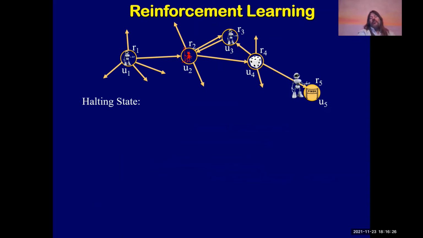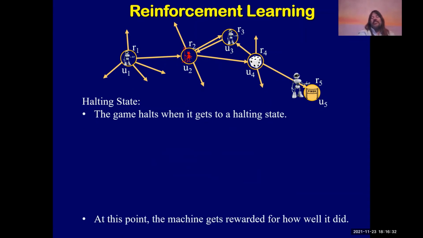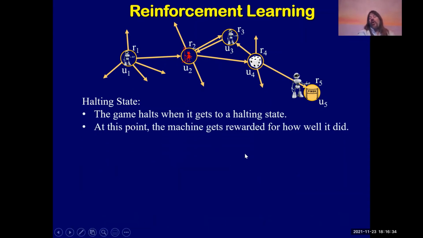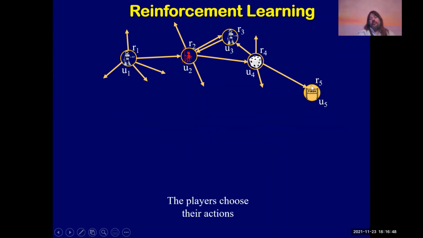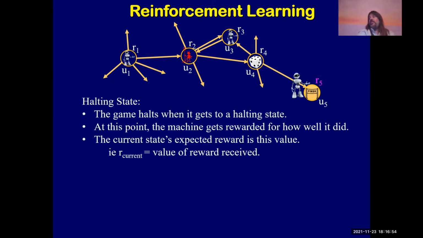So now, the halting state. If it's a halting state, the game has actually stopped. And so at this point, the machine gets rewarded. And so we know the R value, right? Here, the R value is determined by, because the game's over, right? So everybody understands those R values, how we compute them?